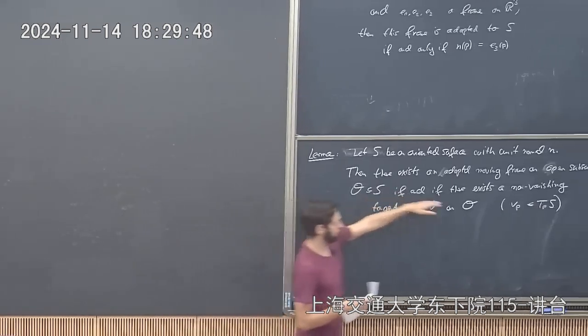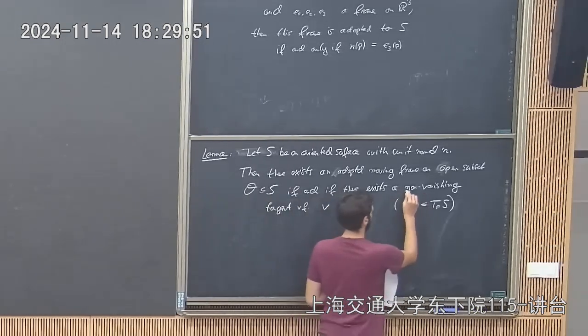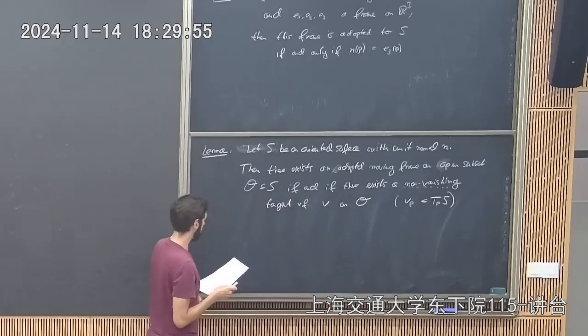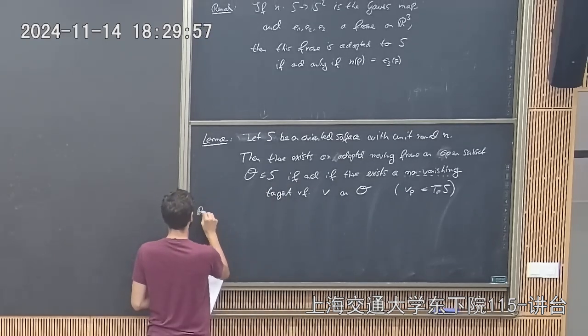And it's important that it's non-vanishing. So that's the important requirement here.